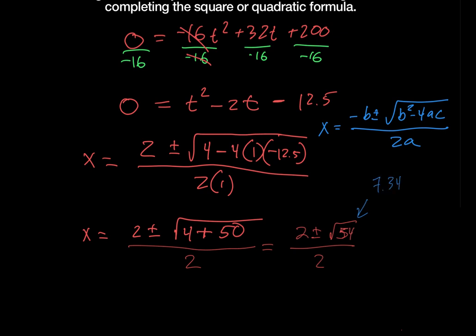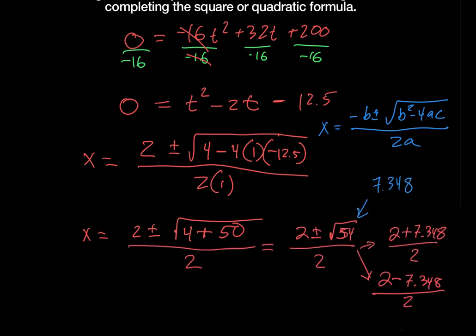7.348. We'll just leave it at that. So then I'm going to do 2 plus 7.348 divided by 2, and I go 2 minus 7.348 all over 2.